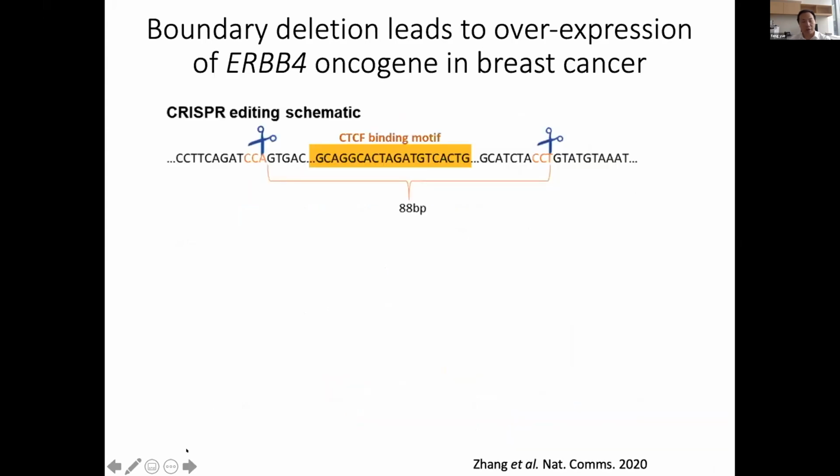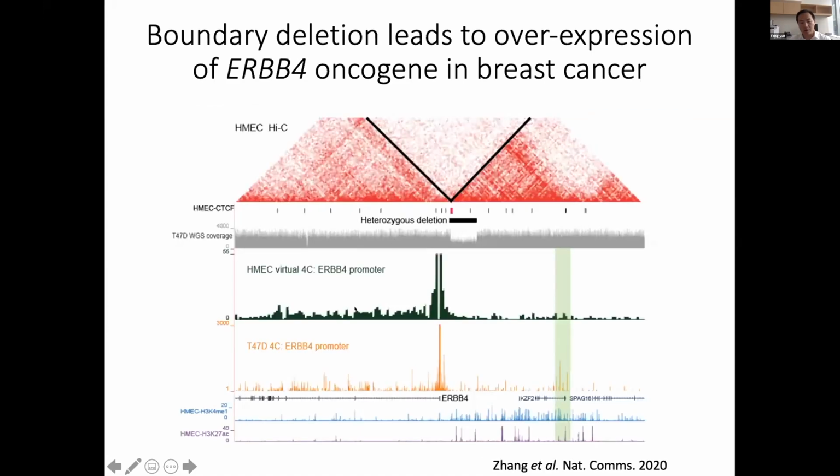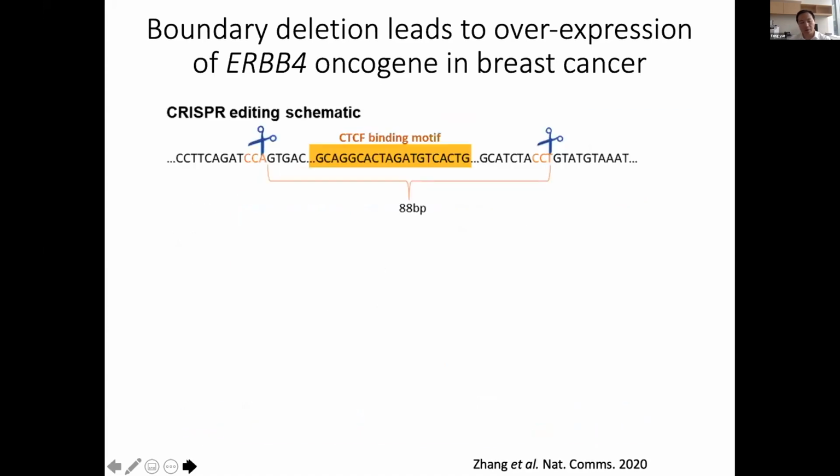We take this to the next step, because in the cancer genome, one copy has been deleted. So we said, okay, let's target the same region. In this case, we did the CRISPR deletion for the same TAD boundary, 88 base pairs. Once you delete the other allele, what will happen to gene expression? Here are the results.